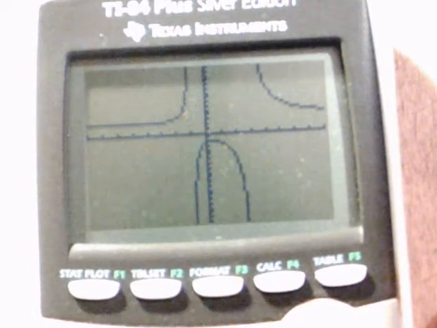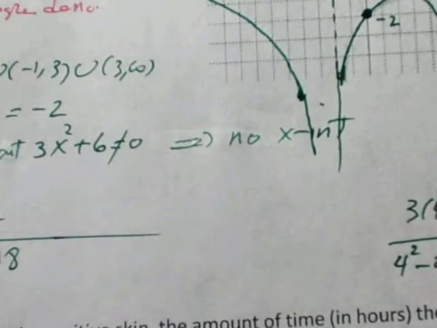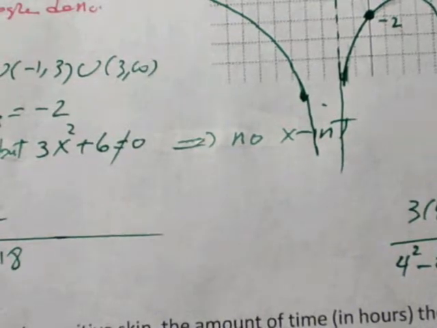I get positive 18. I guess this one becomes positive 18. See, that was my error. Because you get, yeah, positive 18.